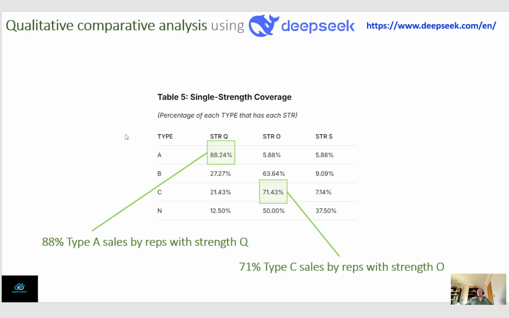So 71% of the type C sales is covered by reps with strength opening, meaning area of improvement being either questioning or summarizing. So in type C, most of the cases you find are cases with good opening. These two are definitely the most interesting numbers in this table.